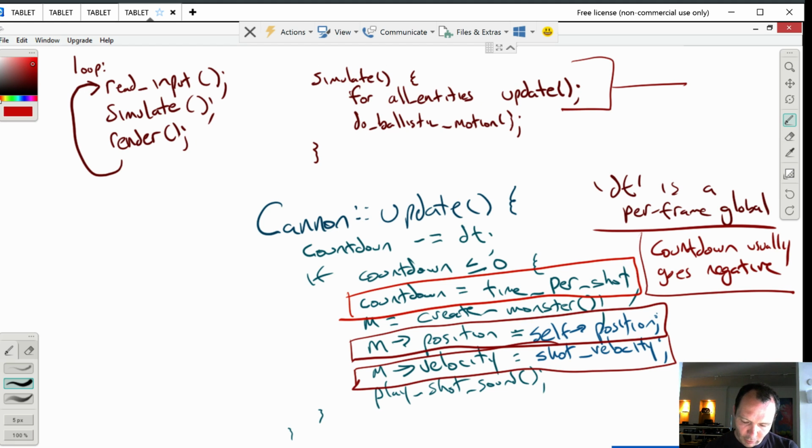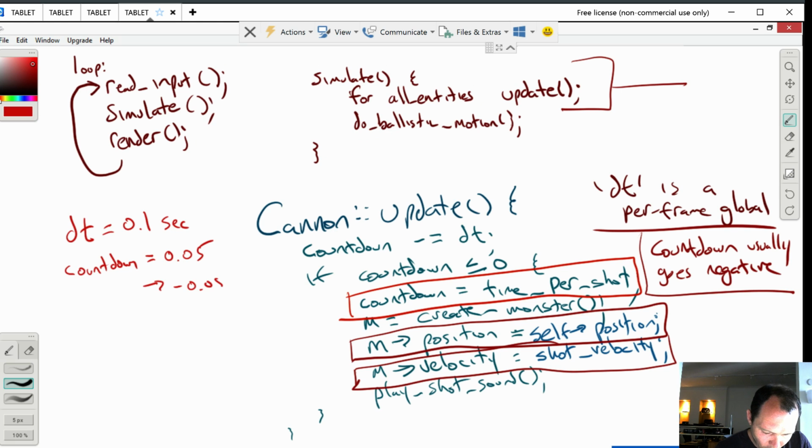Okay, so countdown usually goes negative, but it goes negative by a different amount every time, right? So if dt, let's say we're running at 10 frames per second, just to have round numbers, so dt is 0.1 seconds. And if countdown one time is, let's say, 0.05 seconds, then we're going to subtract 0.1, and that's going to give us minus 0.05 seconds, right?